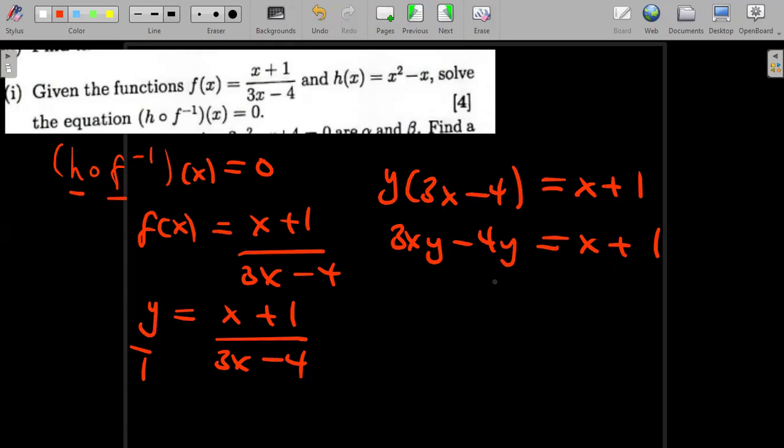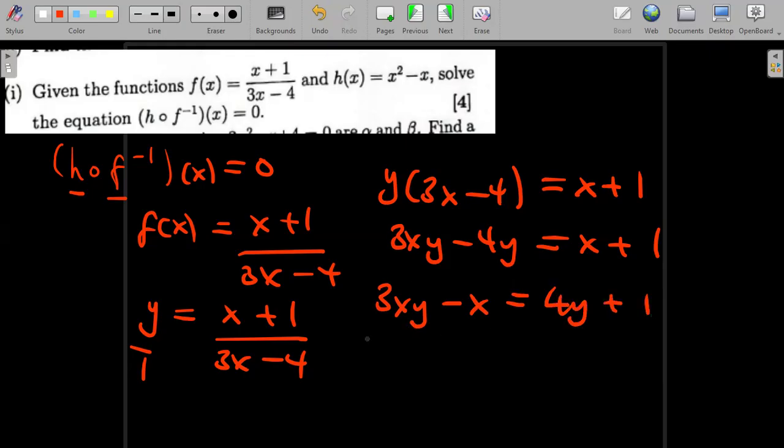Since I'm making x the subject of the formula, I must bring x to one side. So I will bring this x at the right to my left side, and I'll take this negative 4y to the right side. Then I'll have 3xy minus x equal to 4y plus 1.